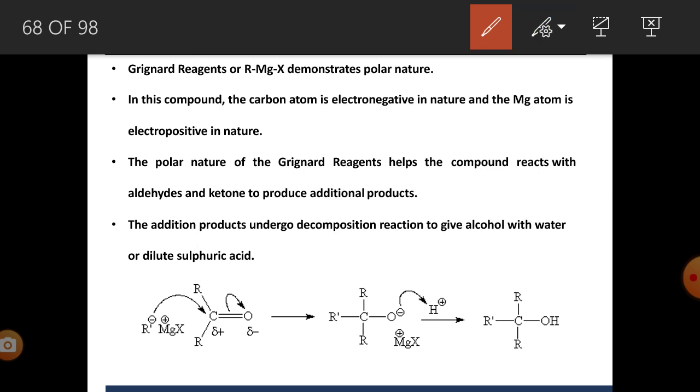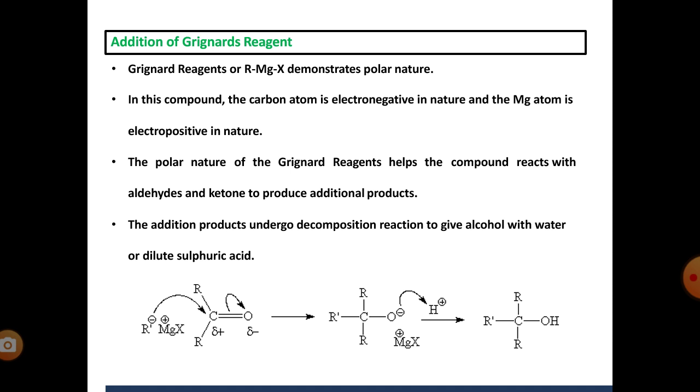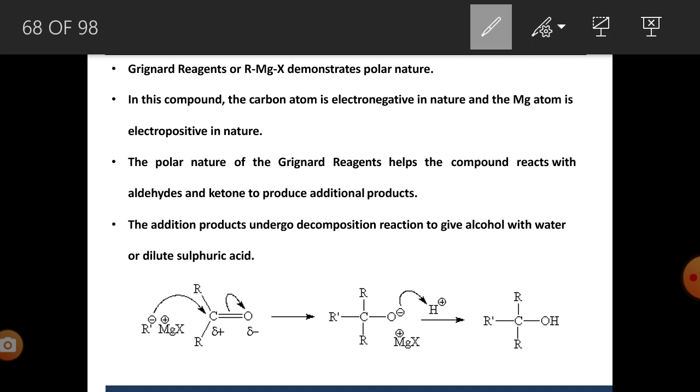So it always donates to this R and this R becomes an electron rich carbanion. So Grignard reagent releases a carbanion. Again this carbonyl carbon is electron deficient and this oxygen is electron rich. This R minus gets added on the carbonyl carbon and there is formation of this complex.